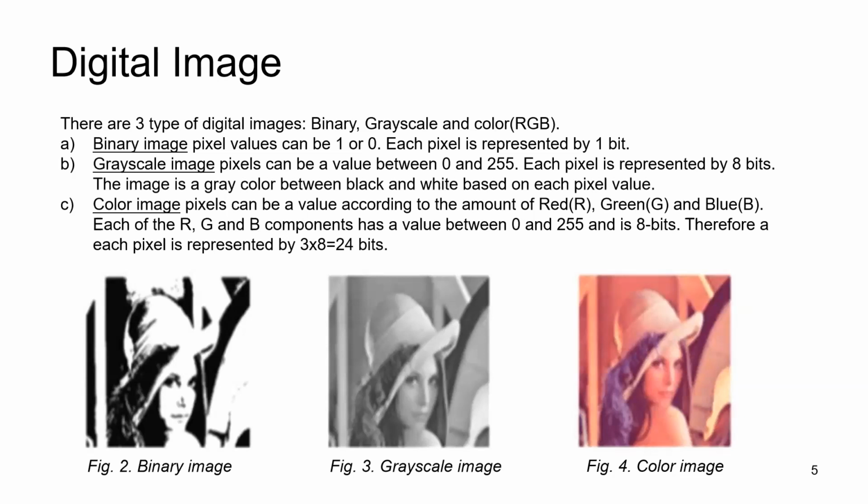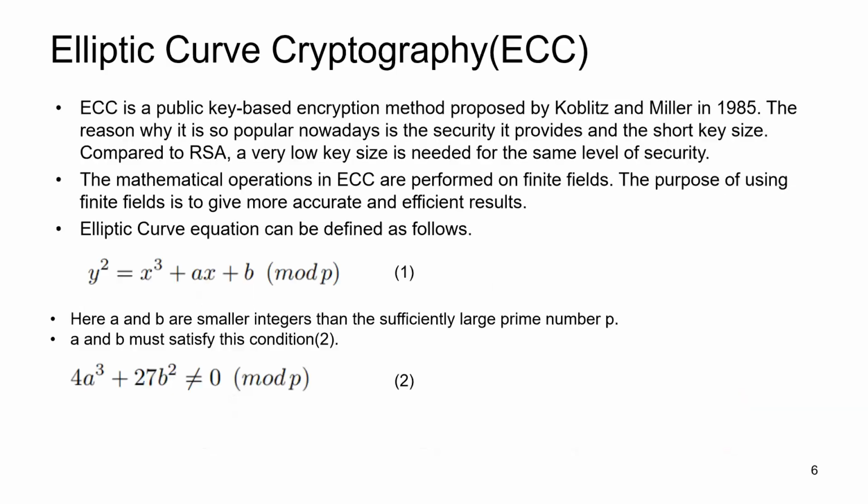The image is a gray color based on each pixel value. Color image pixels can be a value according to the amount of red, green, and blue. Each of the RGB components has a value between 0 and 255, and these are 8 bits. So the color image is basically 24 bits.